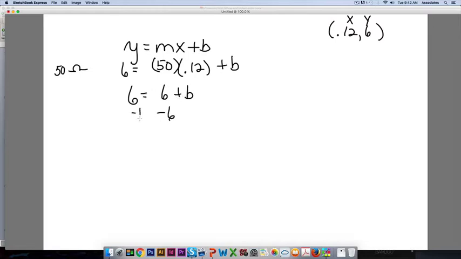Subtract 6 from both sides, and I get b is equal to 0. Now, what does it mean when the y-intercept is 0? Remember, that's where it hits, right here. X is 0, y is 0. And what it means is, remember that these particular values, double check, that the y was the volts and the x was the amps.